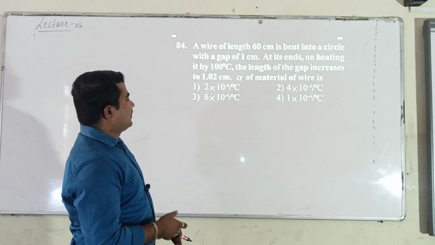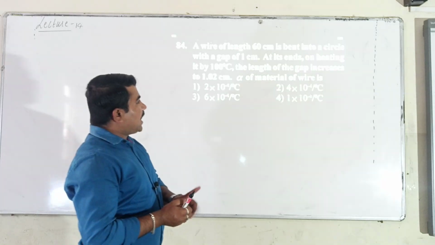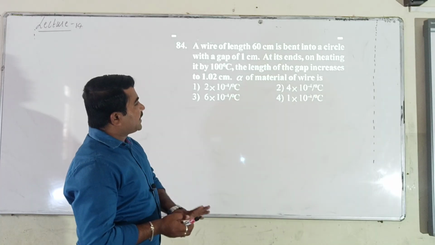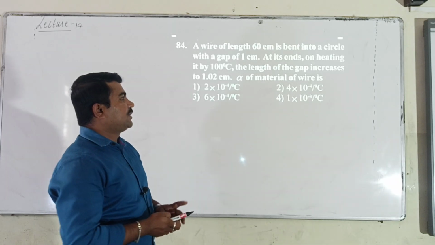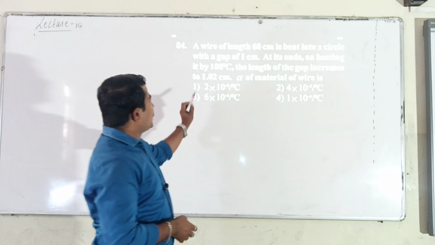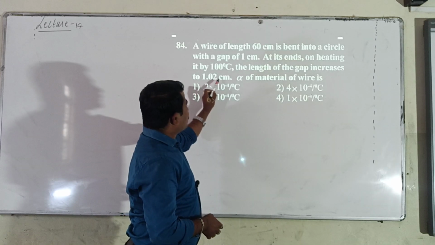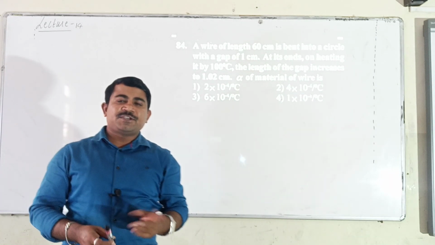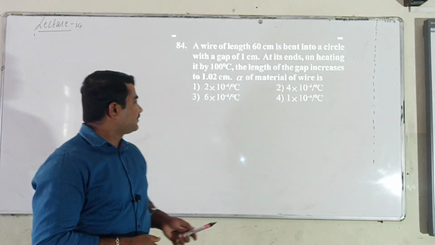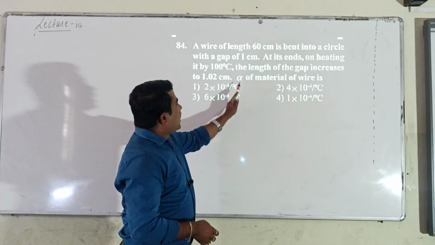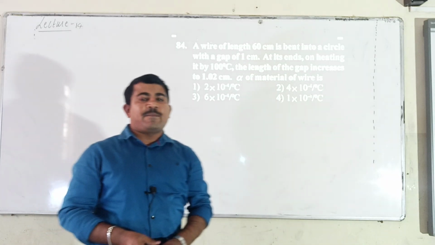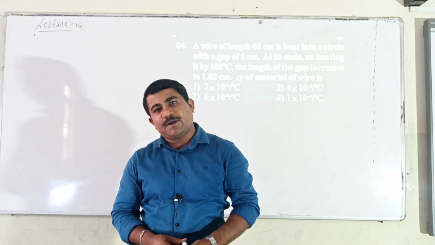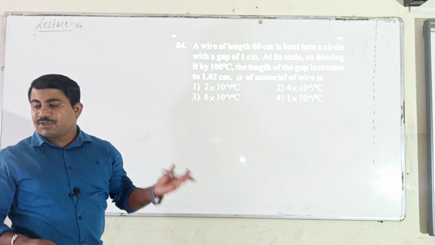On heating it by 100 degrees Celsius, the length of the gap increases to 1.02 centimeter. Change in length means final length. Then alpha of the wire is, alpha means we need to calculate the coefficient of linear expansion. Question is very simple, students.